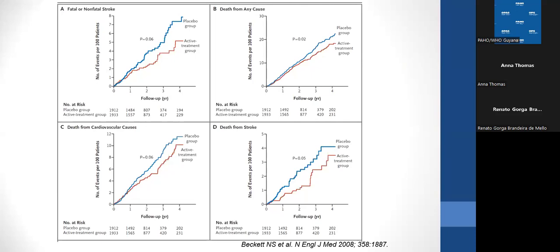So the paradigm was shifted even for 80 plus patients.